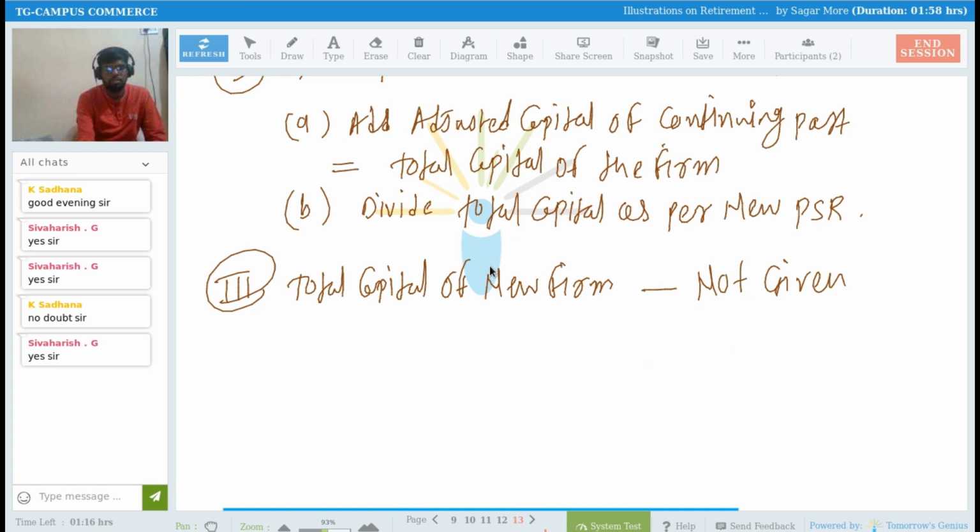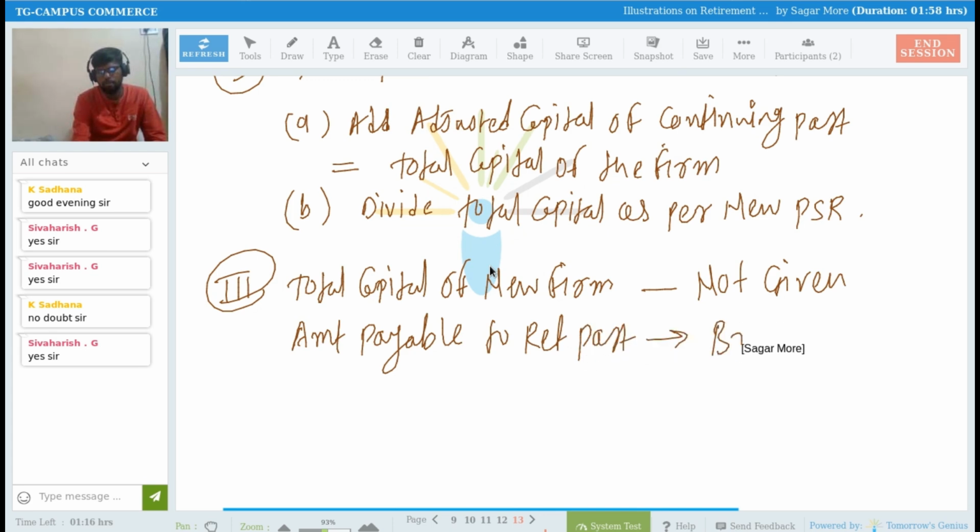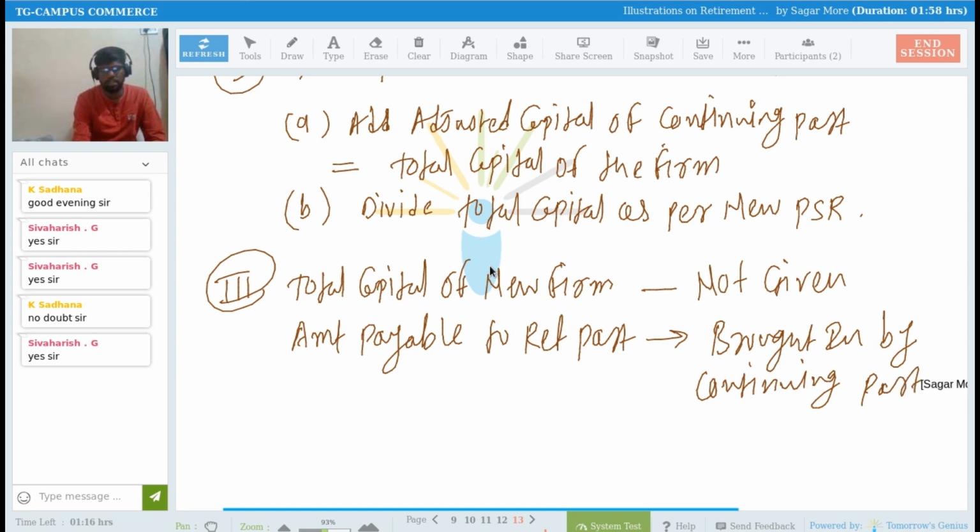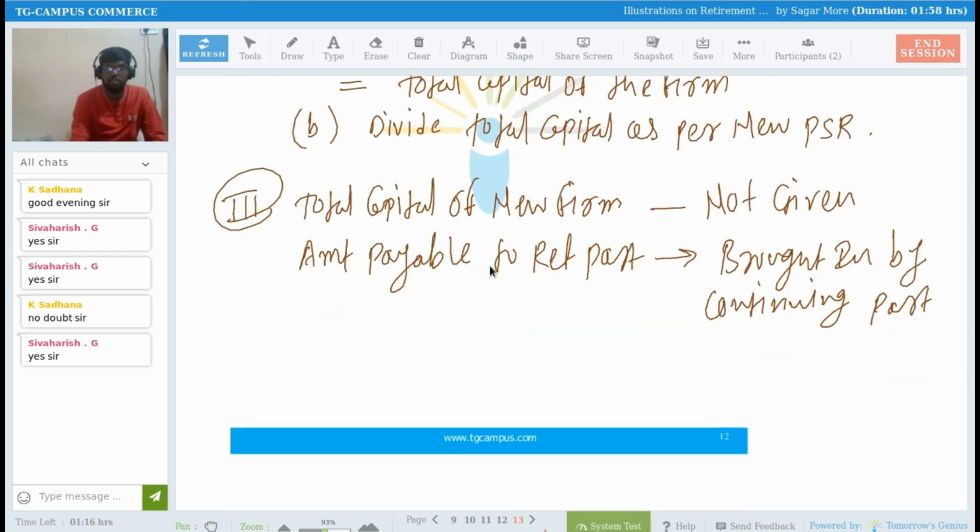Then, the amount payable to retiring partner must be brought in by continuing partners, right? That is a case, that is a condition.